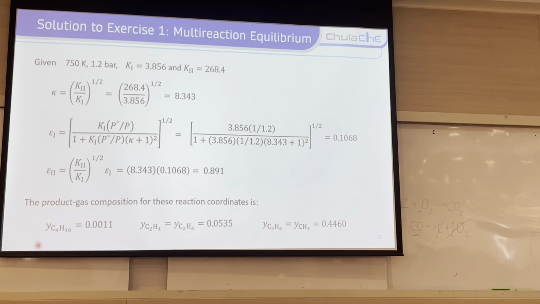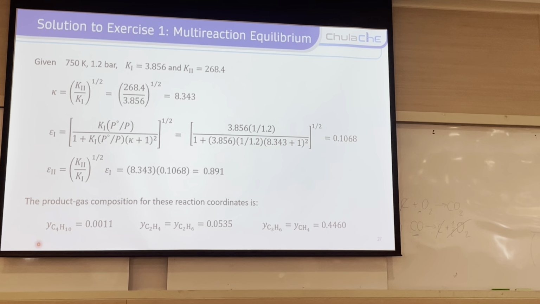Here you have only two chemical reactions. You can see that it's not much complicated and not much different from what we have learned in the previous simple reaction system. The complication is added by the number of chemical reactions.